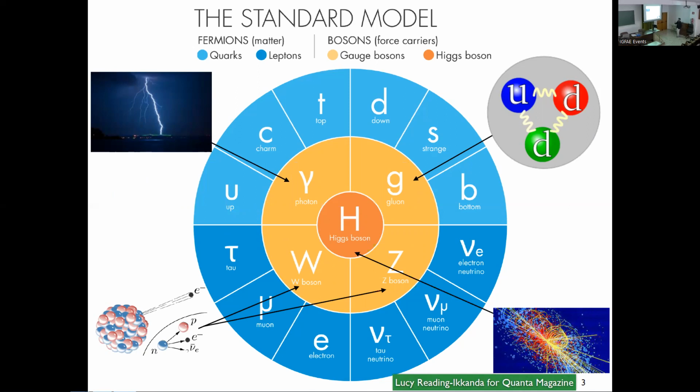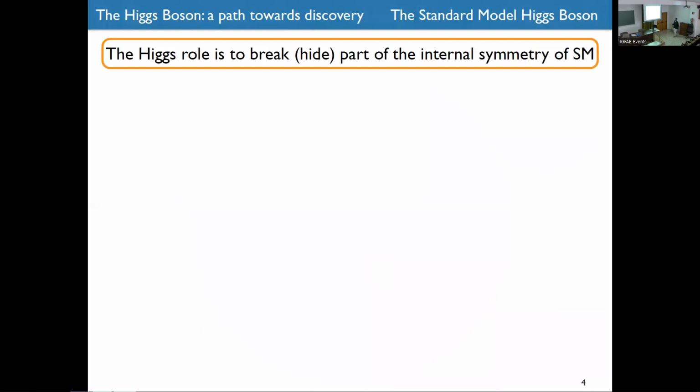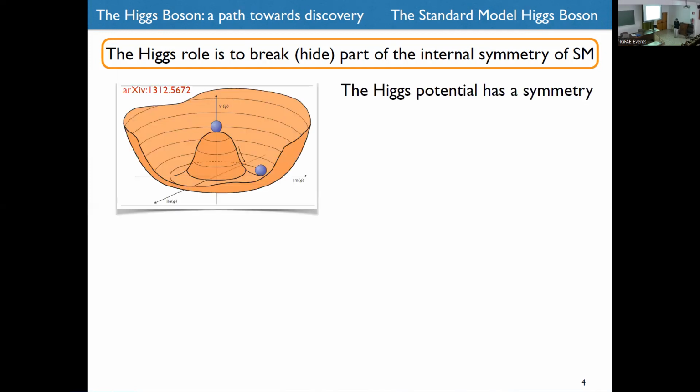So what is the role of the Higgs boson? Most simply, the role of the Higgs boson is to break, or I prefer to say hide, one of the internal symmetries of the standard model. To visualize this, you can start from the fact that the potential of the Higgs boson has a shape like this.